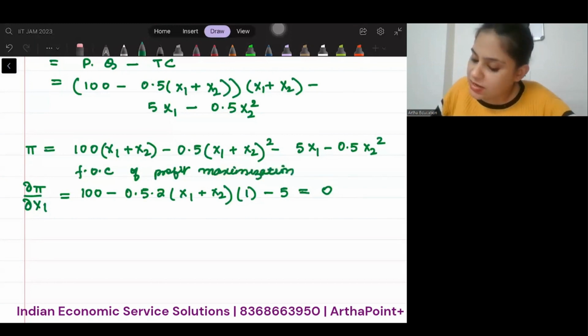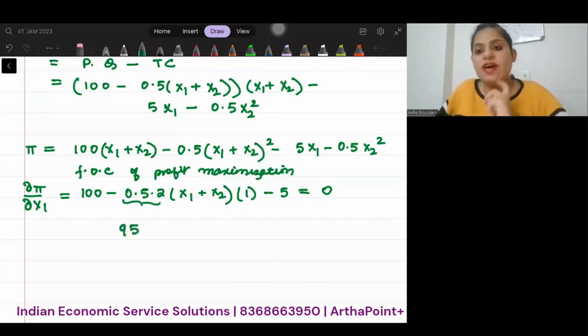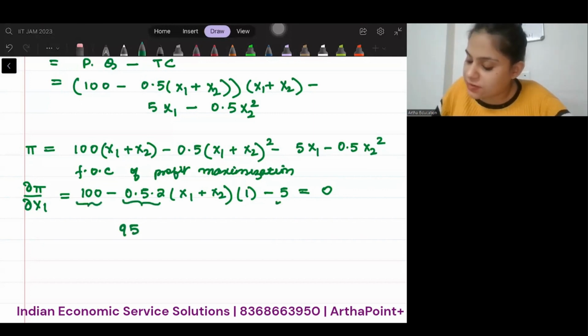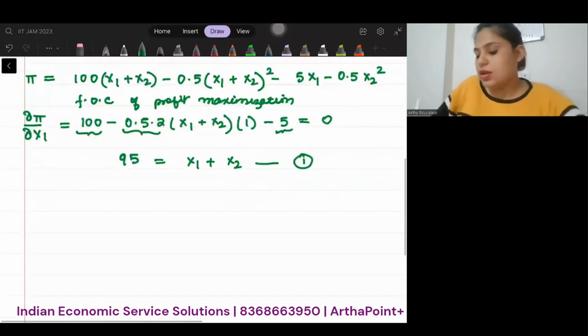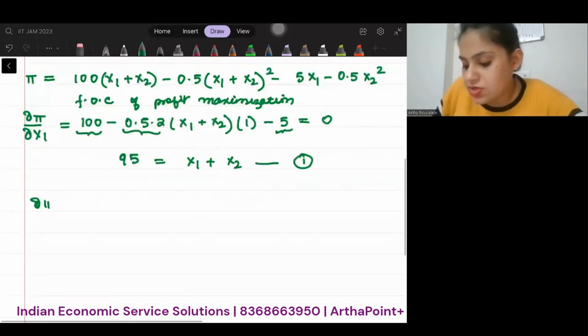So you will get 95. This part is 0.5 into 2, which is 1. So 95, that is 100 minus 5, is equal to x1 plus x2. This is equation 1. Now differentiate this with respect to x2.